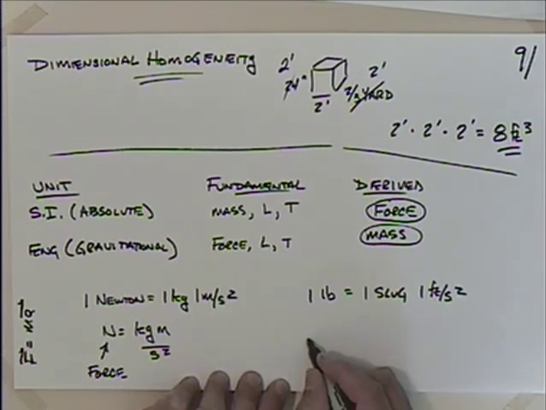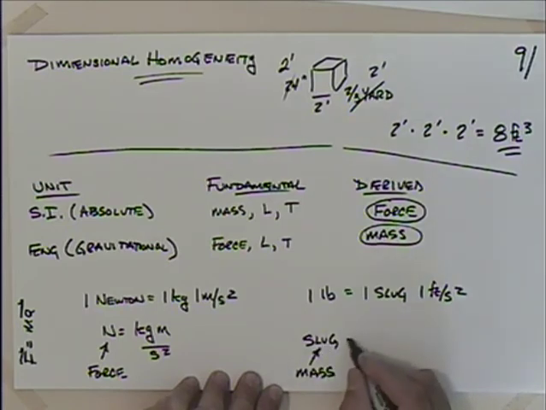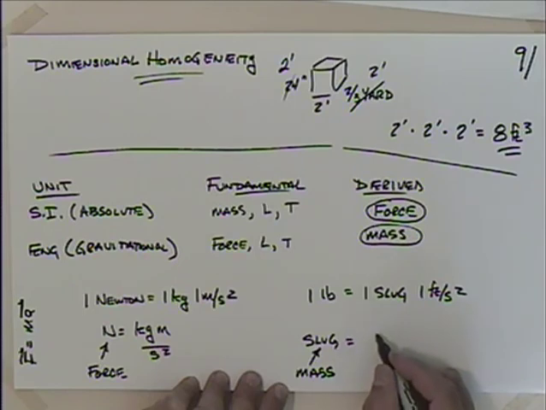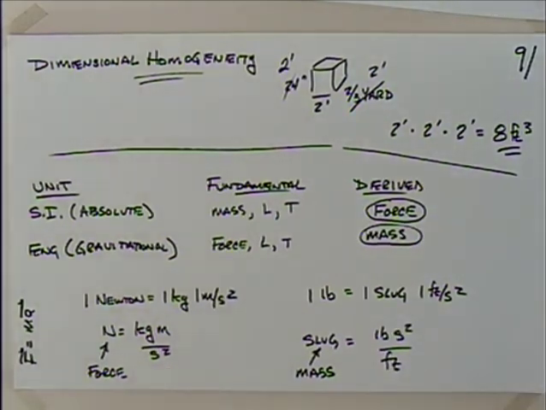I'm going to solve for that slug, which is mass. And that would be that a slug is, let's see, a pound times a second squared divided by a foot. Did I get that right? Slug is equal to a pound, second squared, yes, over a foot. So a pound times second squared over a foot is a slug, and we've derived the mass quantity.